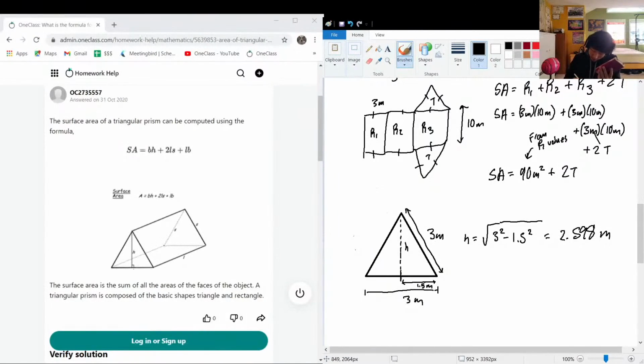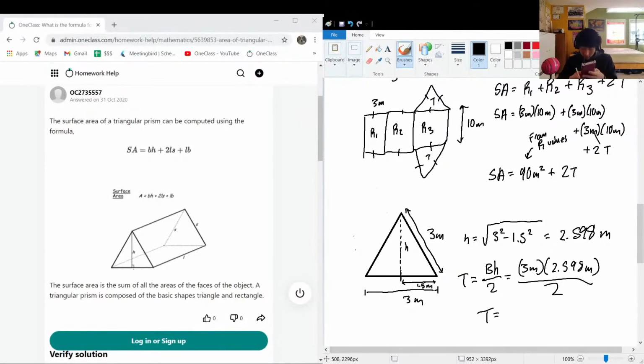And we know that the area of the triangle, T, is base times height over 2. Our base is 3 meters, our height is 2.598 meters, divided all by 2, and the area of the triangle is equal to 3.897 meters squared.